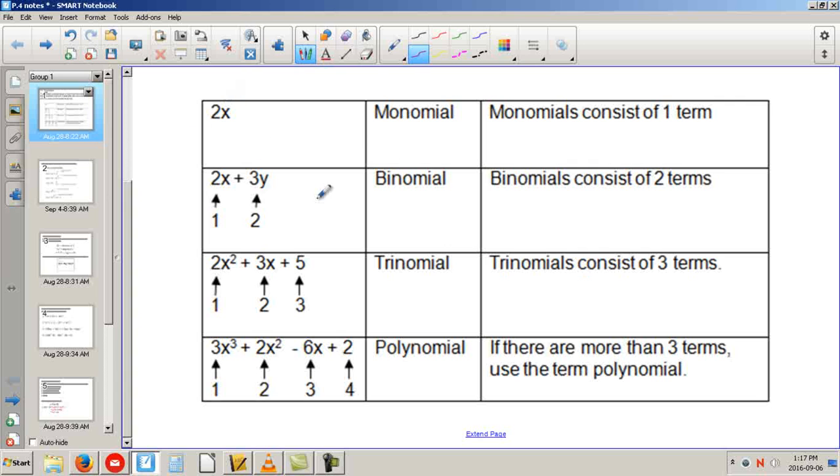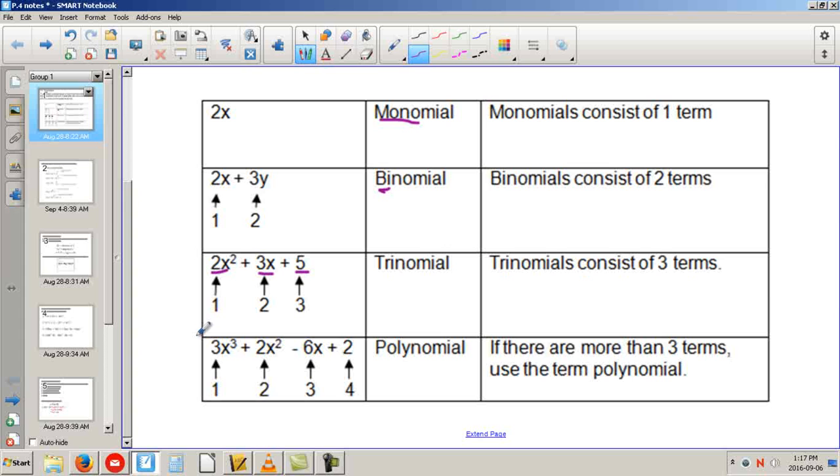When we talk about a binomial, the term bi means we've got two. So mono is 1, bi is 2. So we see the 2x, the 3y, there's two terms there. If we come down to trinomial, we start to see different x's with different exponents. We can see there are three pieces, 1, 2, 3.